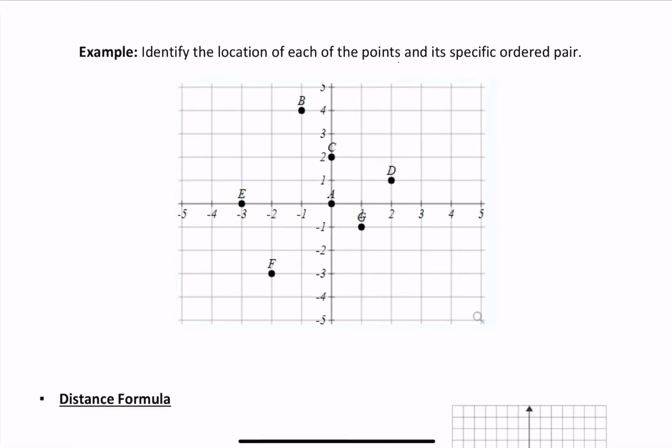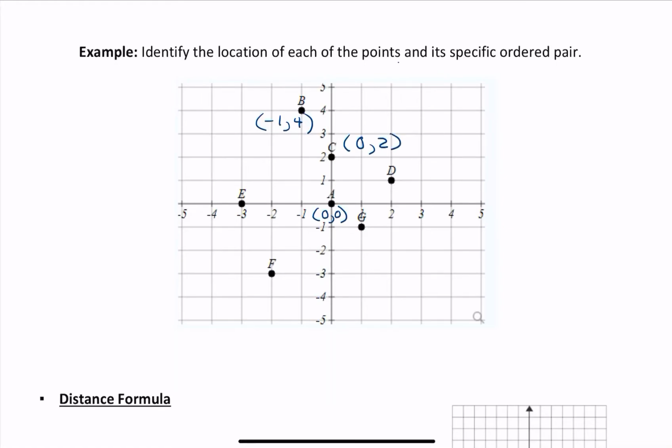So let's practice that. We've got point A right here at the origin, so it's coordinate 0, 0. Point B, we've gone to the left 1, so that's negative 1, and up 4. C is going to be, now be careful here, we haven't gone left or right, so that x coordinate is 0, and then you've gone up 2.